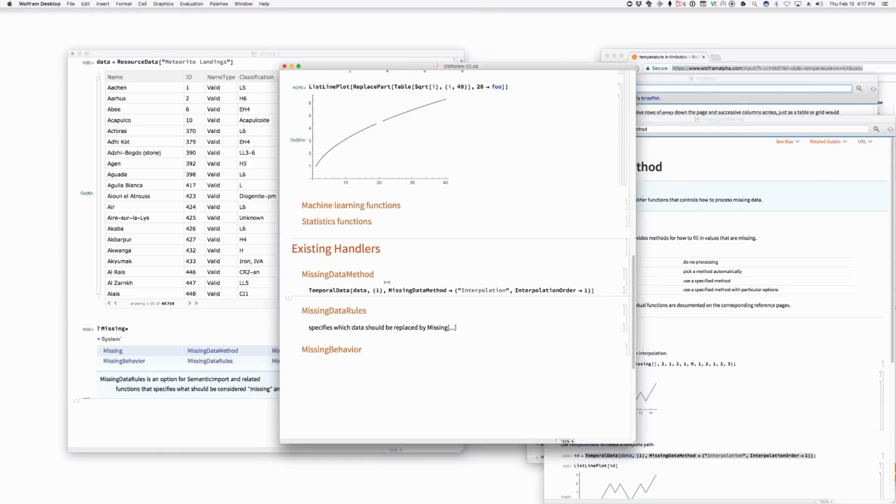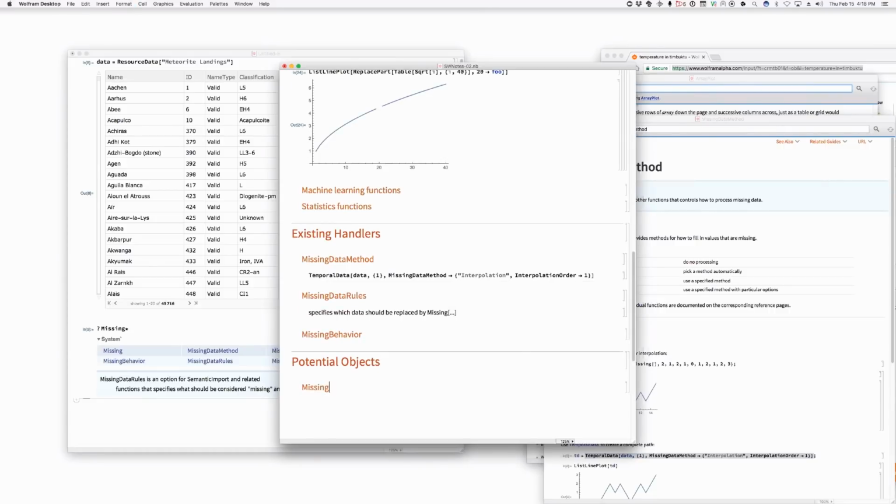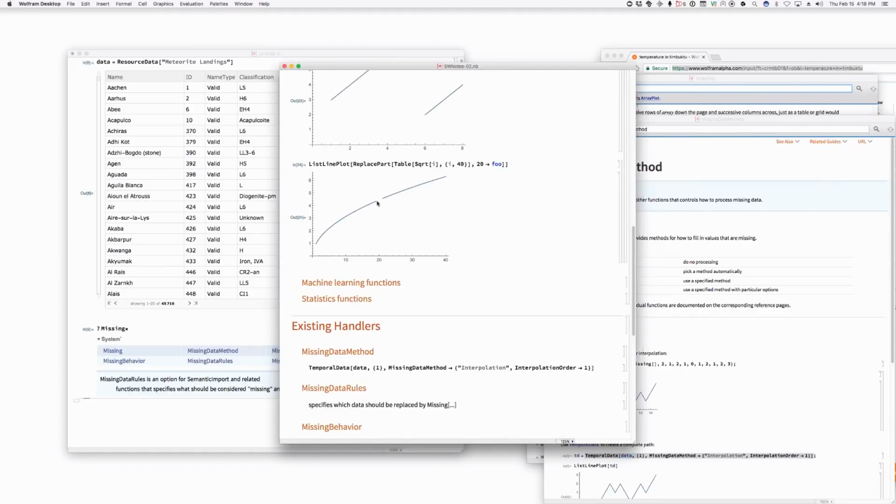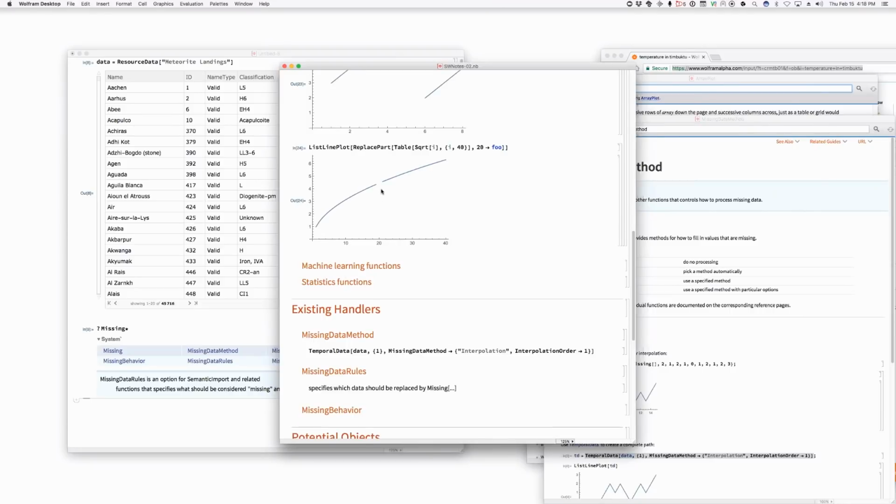So, for example, what we would potentially have are potential formats, potential objects. One would be a missing data style, right? Which in the case of something like this could default to a dotted line. Right.